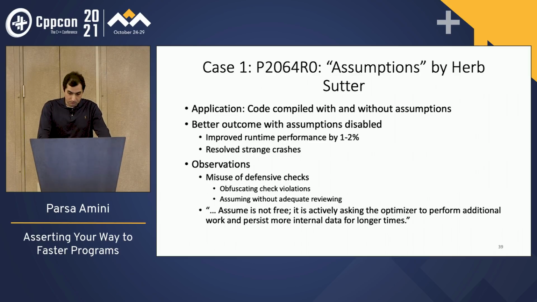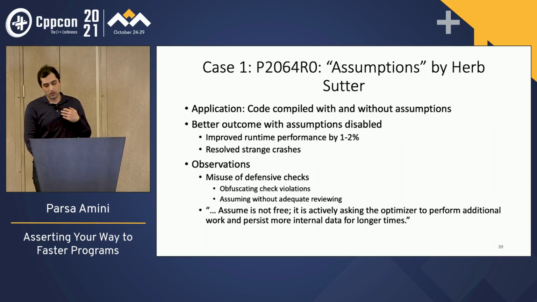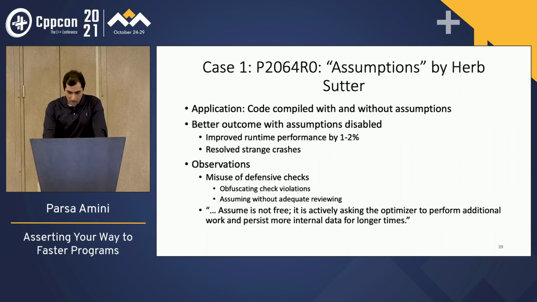He also explains why that example was defective, and how use of assumptions conceals their code's defects further, to the extent that removing assumptions made their code 1 to 2% faster without resolving the bugs.